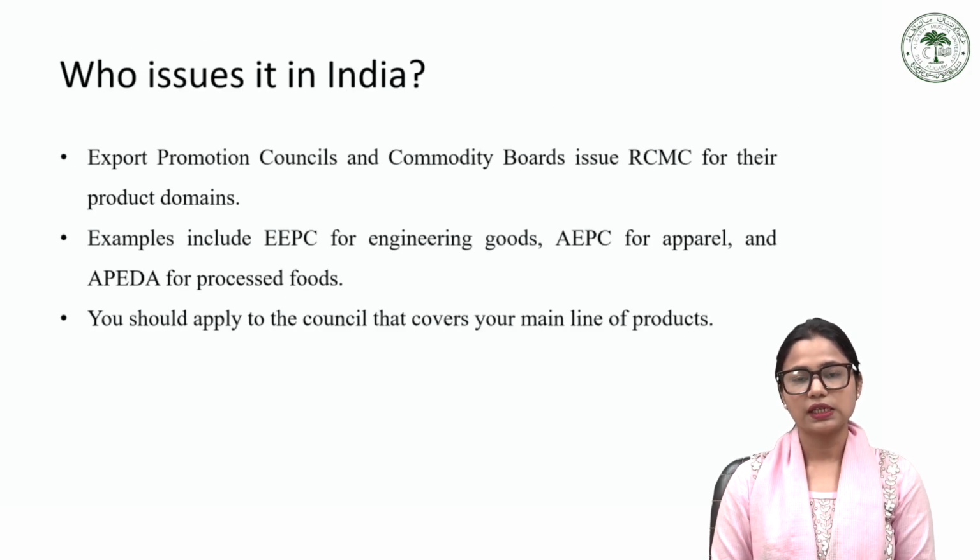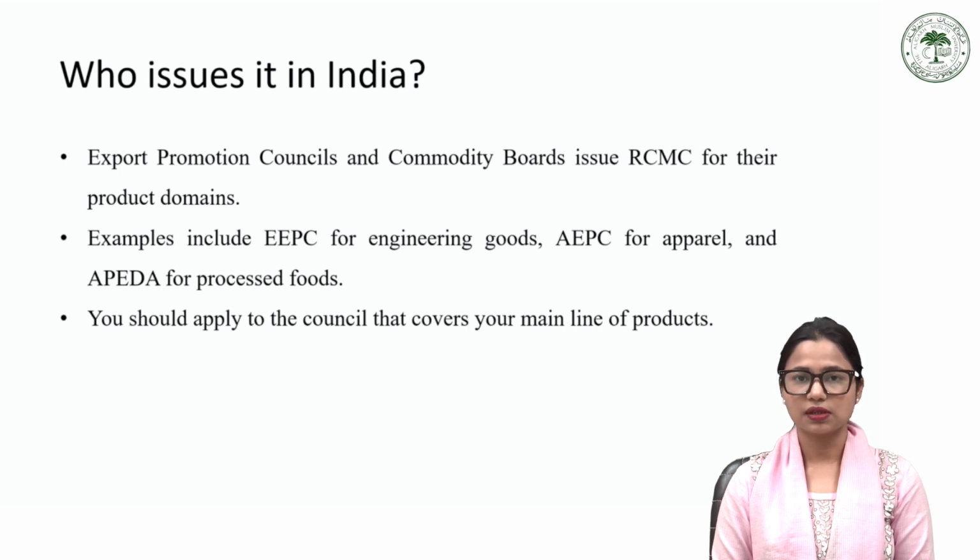Now, let us look into who is the issuing authority of this RCMC certificate. This RCMC certificate is issued by both export promotion councils as well as commodity boards. And each commodity board in their particular domain issues RCMC for that domain only.